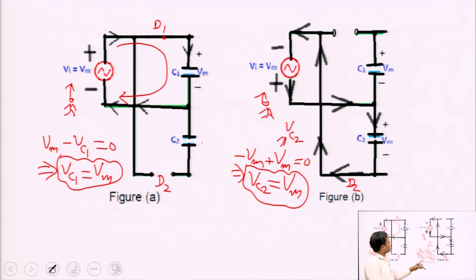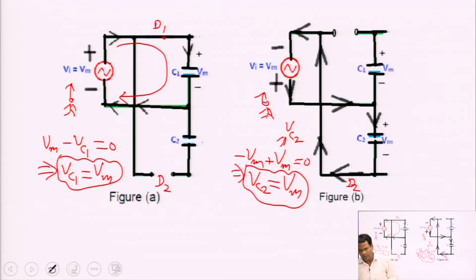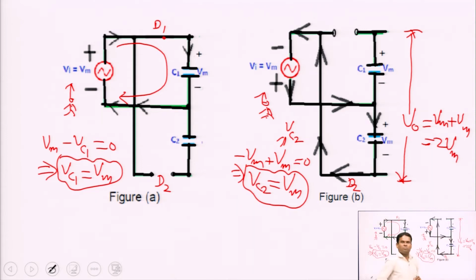After the charging of both capacitors, if we are taking the output voltage across C1 and C2, what will happen? It will become Vm plus Vm, which is equal to twice Vm. That is why it is called full wave voltage doubler.